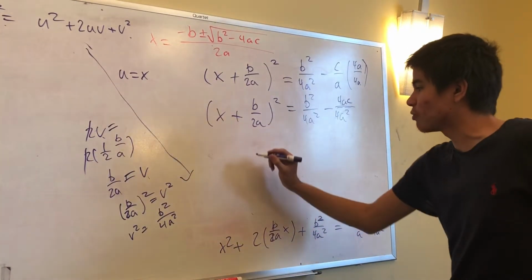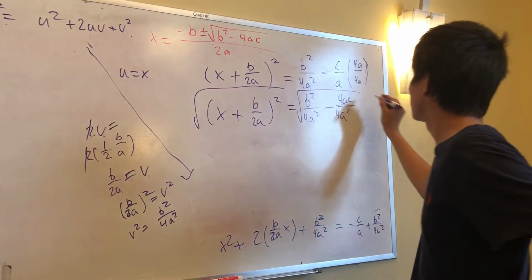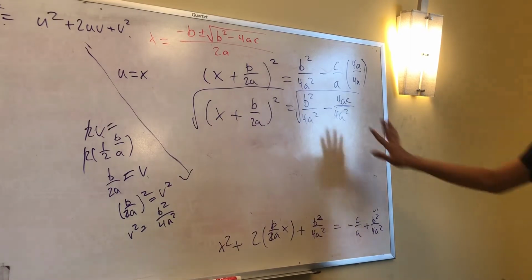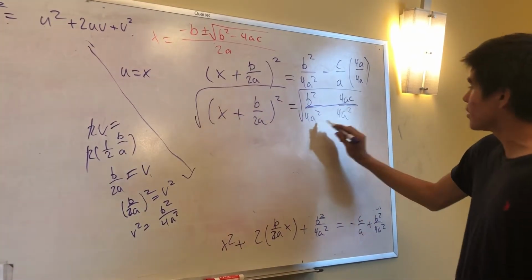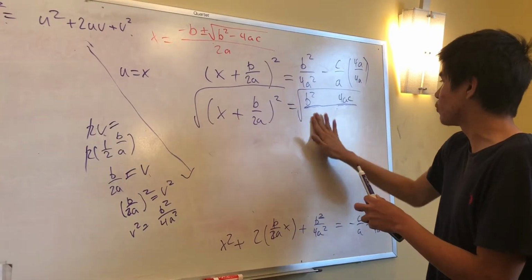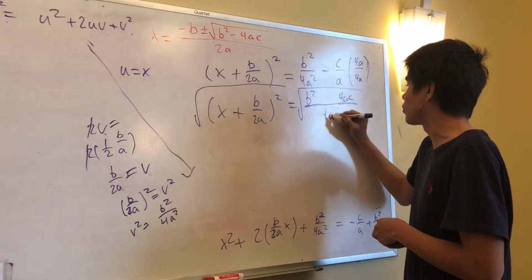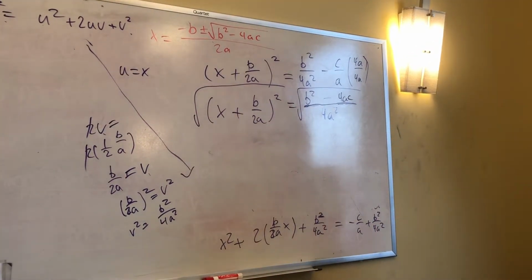Now, let's take the square root of both sides. Now remember, from algebra, if they have the same denominator, they can be written as one numerator and one denominator. So that becomes 4a squared on the bottom and b squared minus 4ac all on the top.